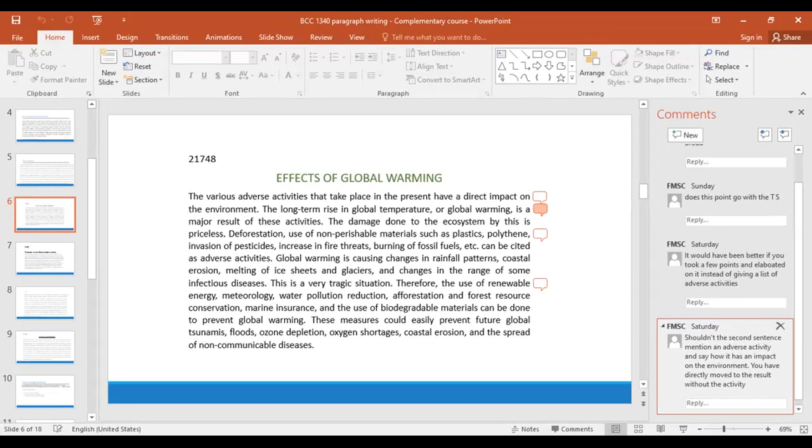But you have instead moved directly to talk about the results. Instead of talking about what the adverse activity is, you have spoken about the results of those adverse activities. So perhaps you could have mentioned one of those adverse activities and then moved on to give the results or the consequences of those activities, right?